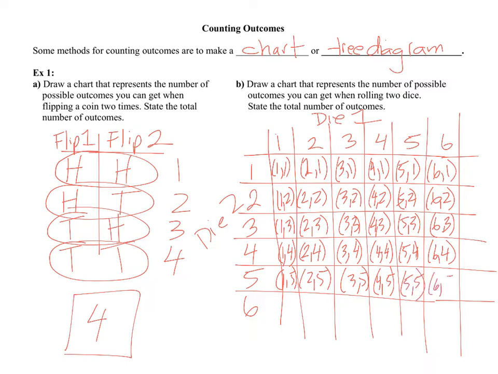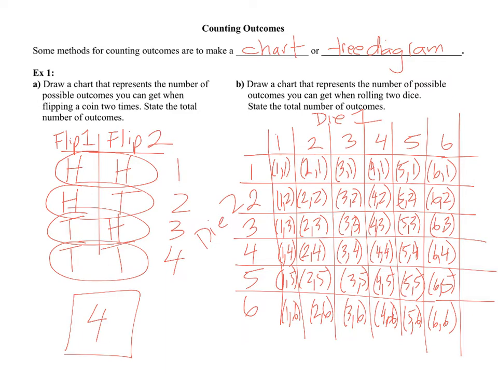If you can, then you understand what's going on. Alright, and we're done. With the chart or the diagram, now let's answer the question. State the total number of outcomes.